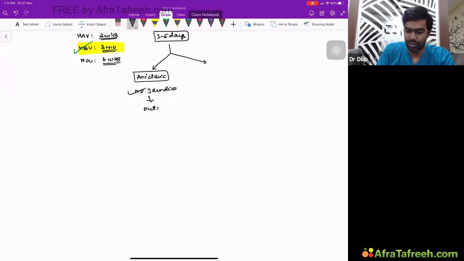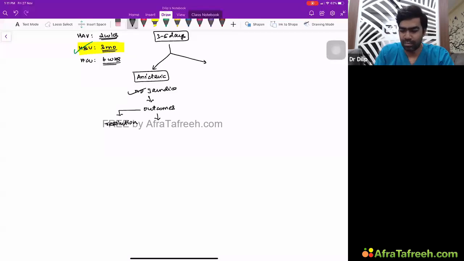So what are the outcomes? Outcomes can be either a resolution, which means the virus can be cleared off the system. Second outcome, it could be chronic hepatitis, which means they don't get jaundice, but still they go for chronic hepatitis, which can further progress to chronic liver disease, cirrhosis, or carrier state, or hepatocellular cancer.